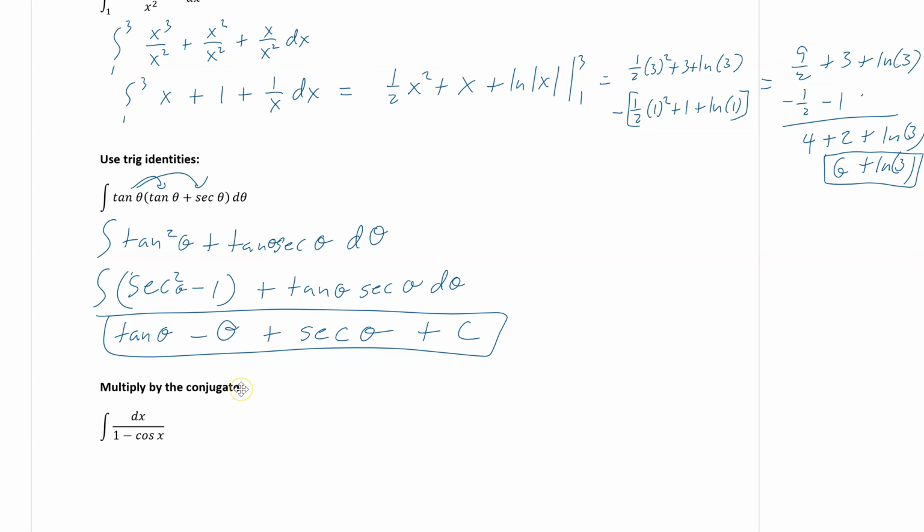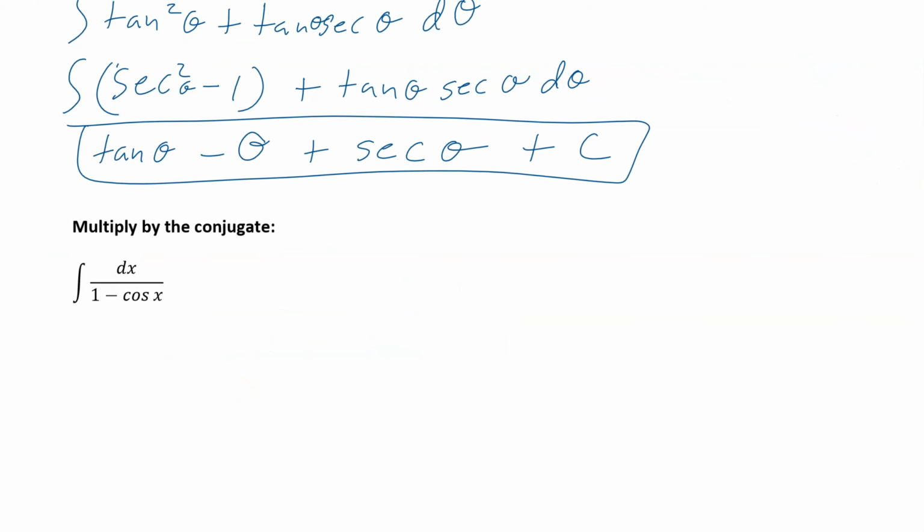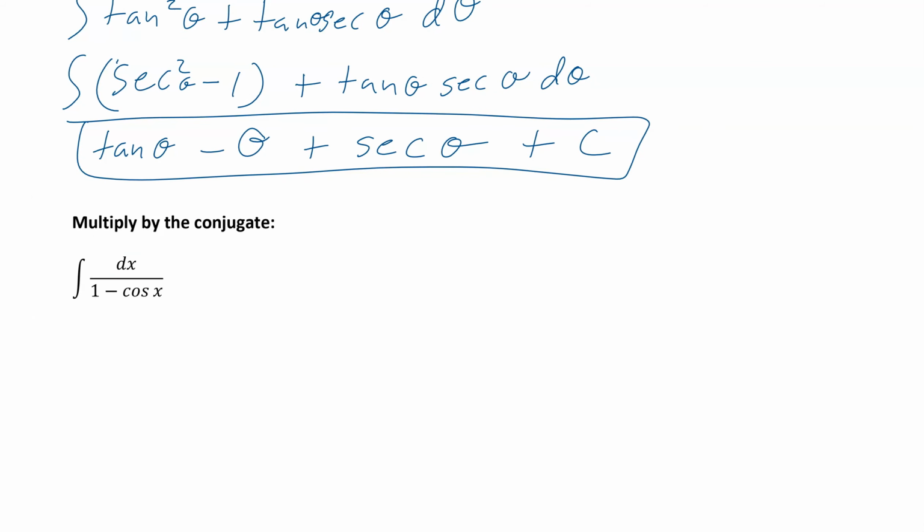All right, and then the last little trick here is using a conjugate. So if you remember 1 over 1 minus cosine x, if we use a conjugate on this, we go integral of 1 over 1 minus cosine x dx. Now if we multiply top and bottom by 1 plus cosine x, it's another trick to simplify this.